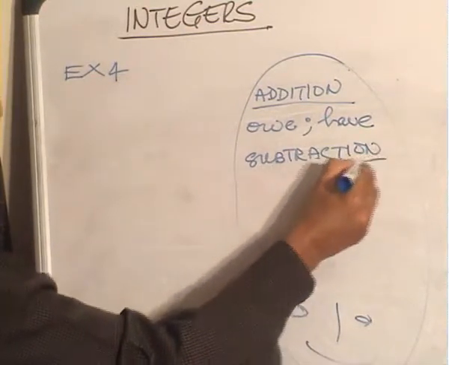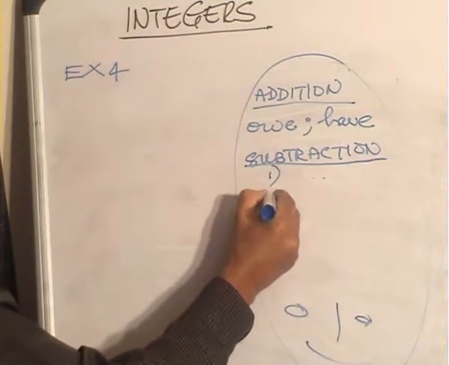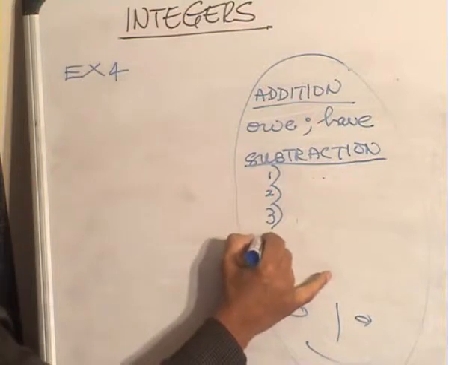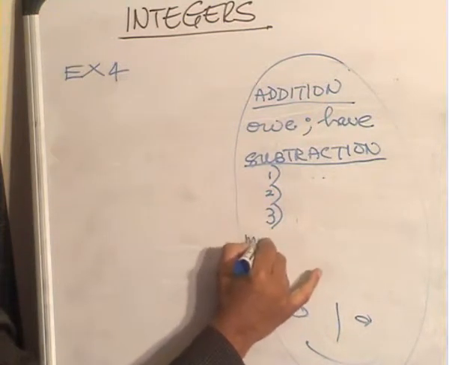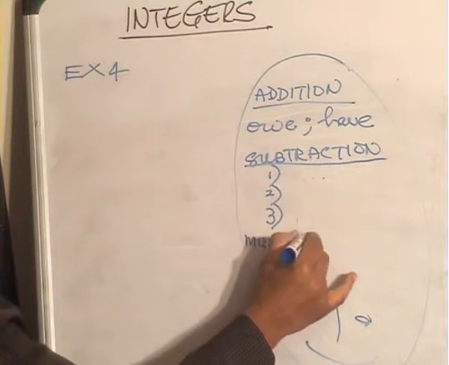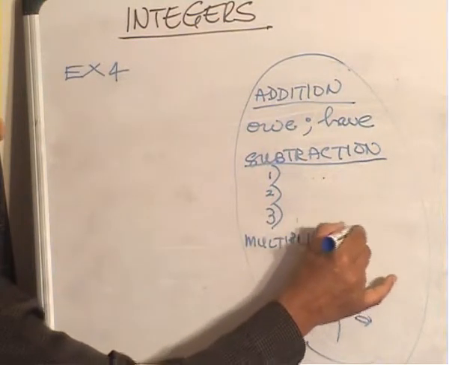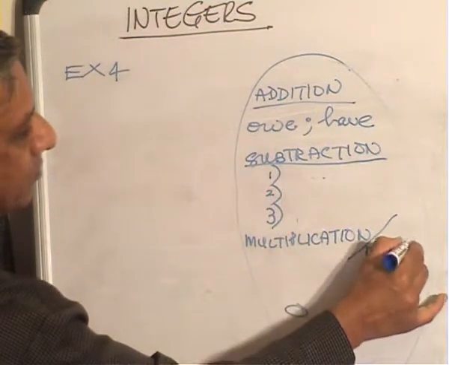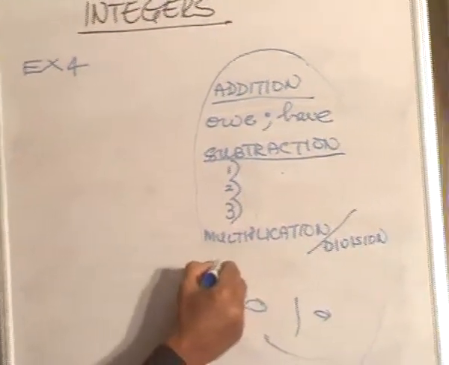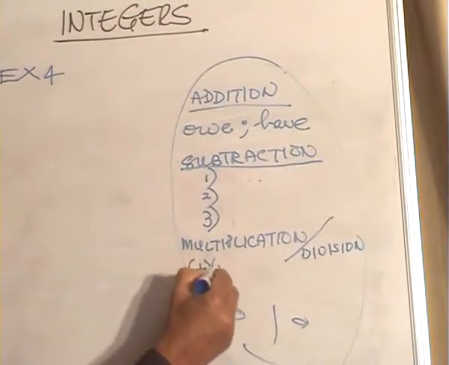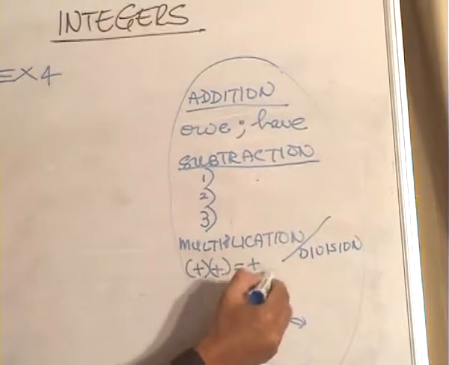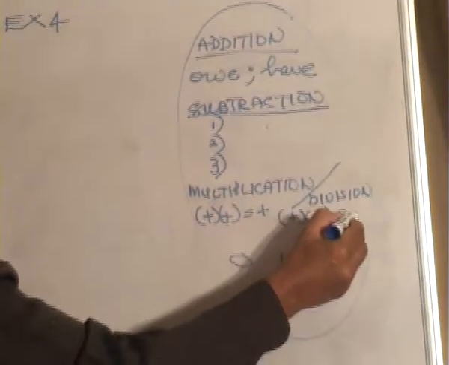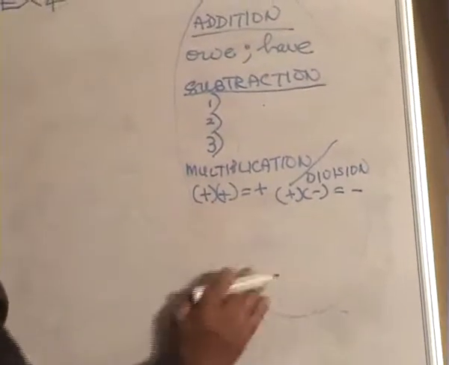When it came to subtraction, you had step 1, step 2, step 3. When it came to multiplication and division, you have to know your rules, that a plus times a plus is a plus, that a plus times a minus is a minus.